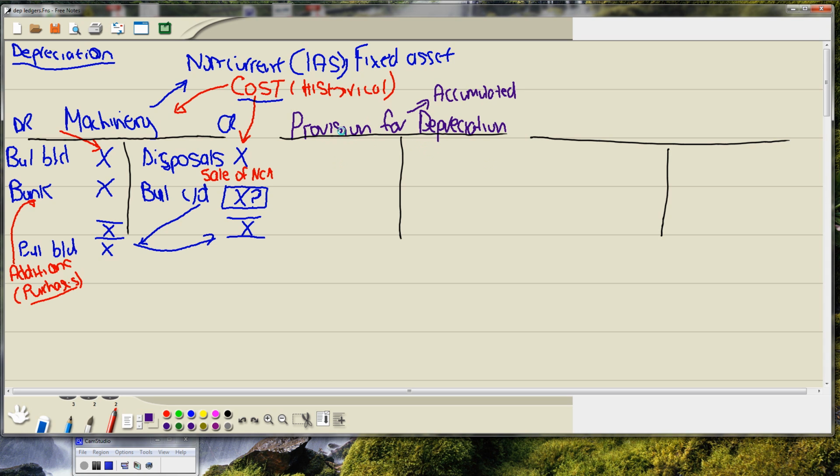Provision for depreciation. Now, what is depreciation? Depreciation is basically saying machinery or any non-current asset is not going to be worth what we paid for it in the future.